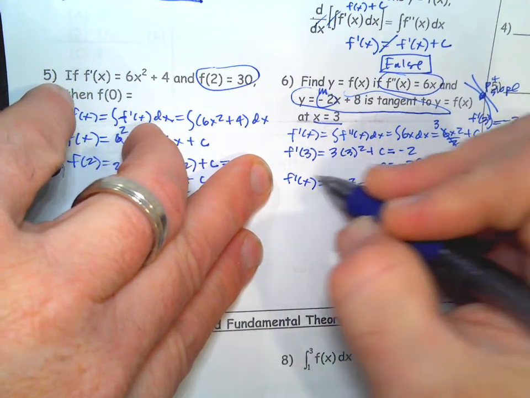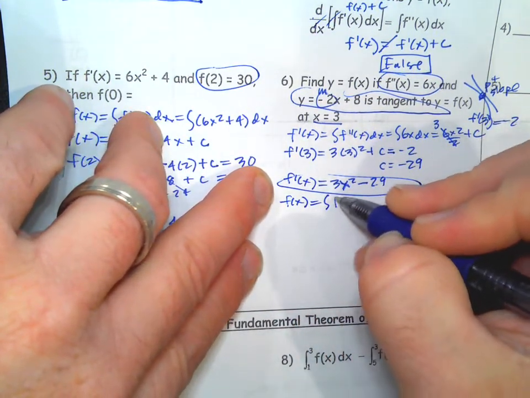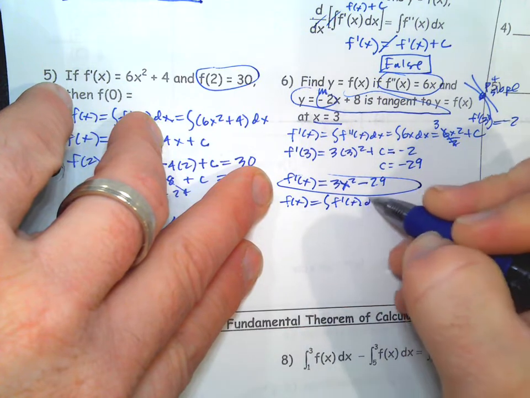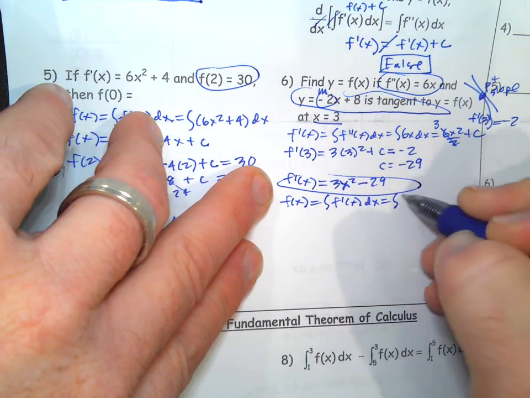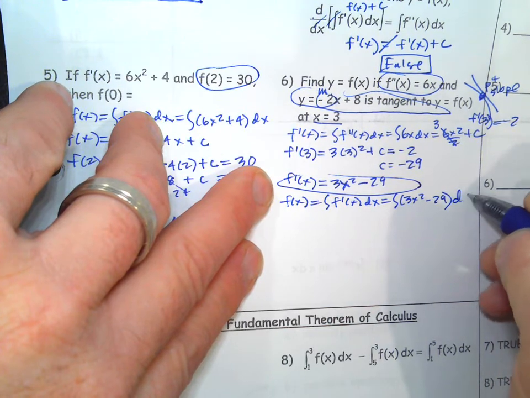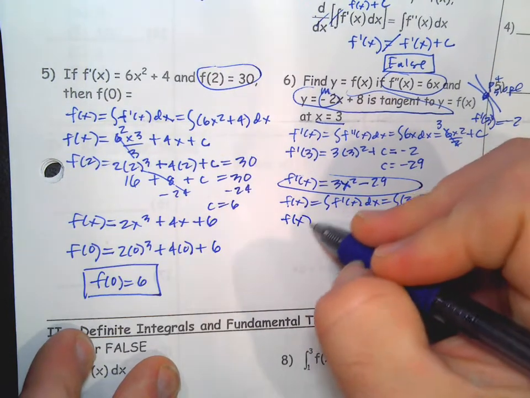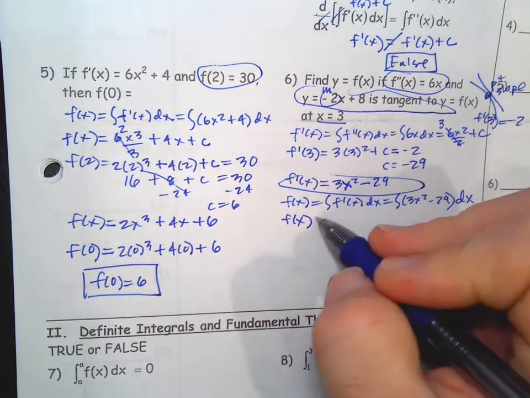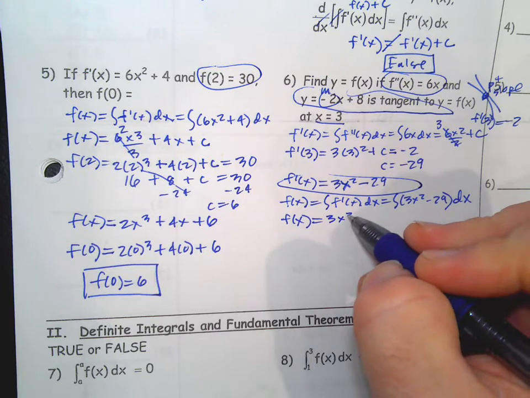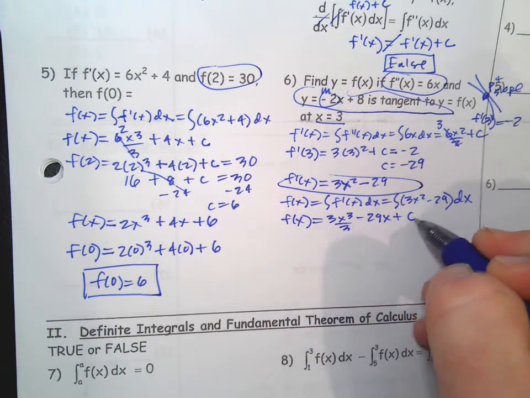So we're halfway there. So the original function, I'm going to integrate the derivative to get, so that's going to be the integral of 3x squared minus 29 dx, parentheses required, dx required. And so we get 3x cubed over 3 minus 29x plus c.